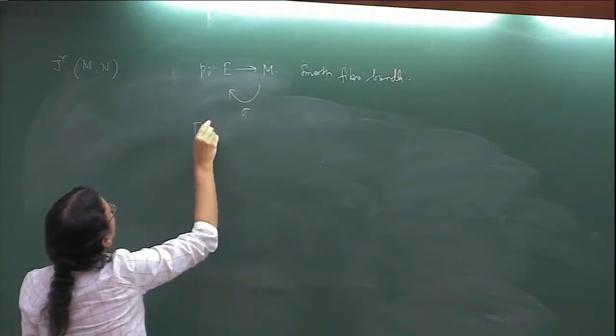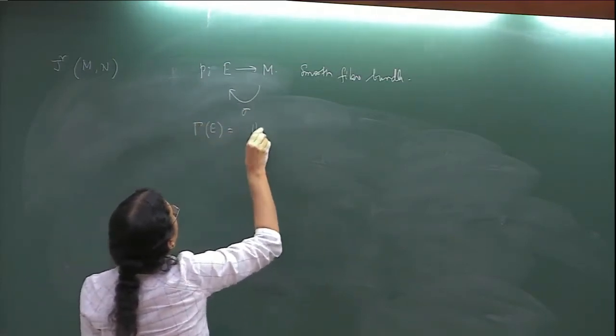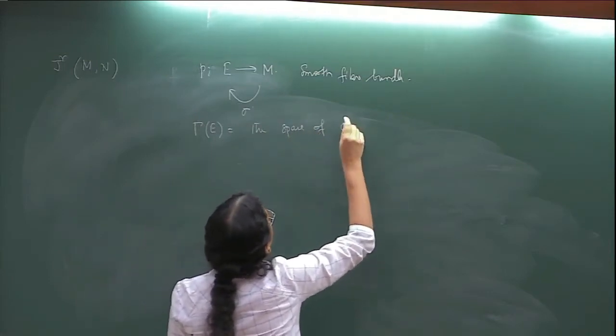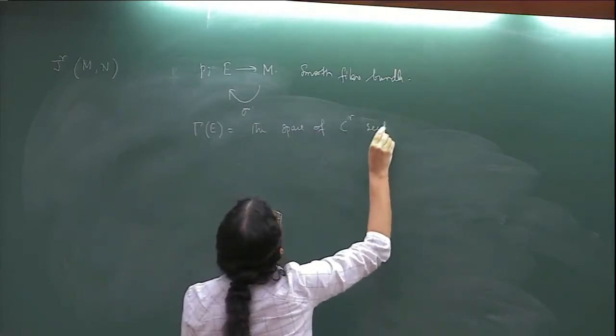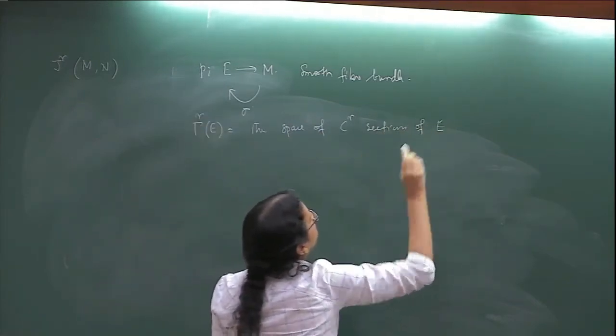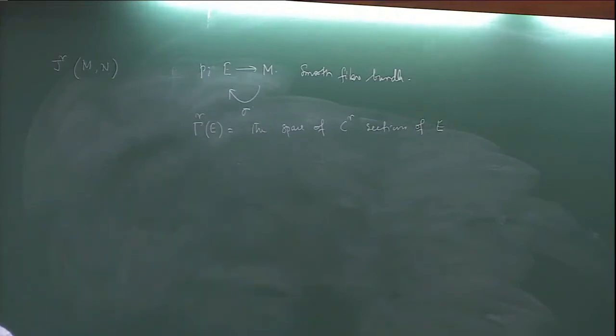So the notation would be the space of C^r sections of E.